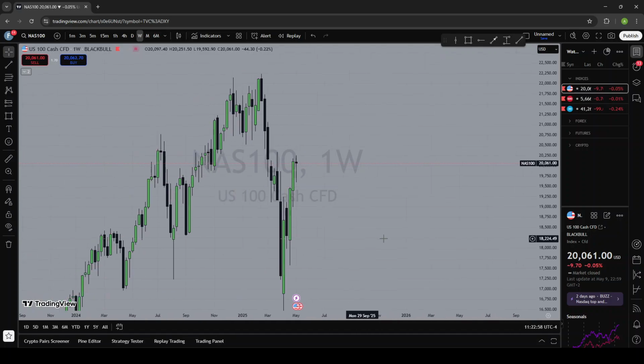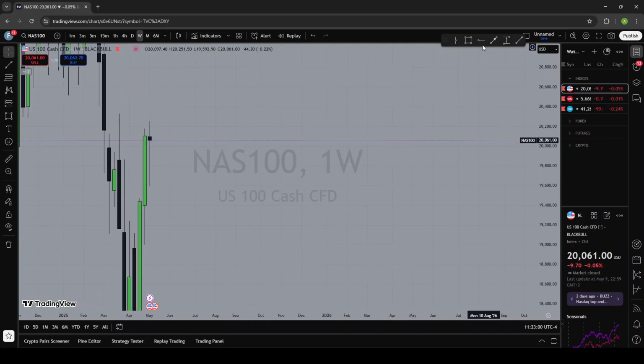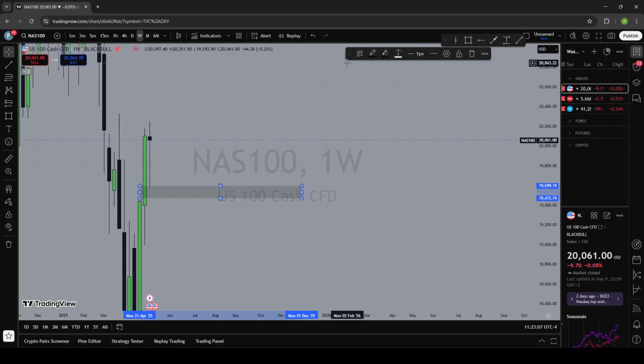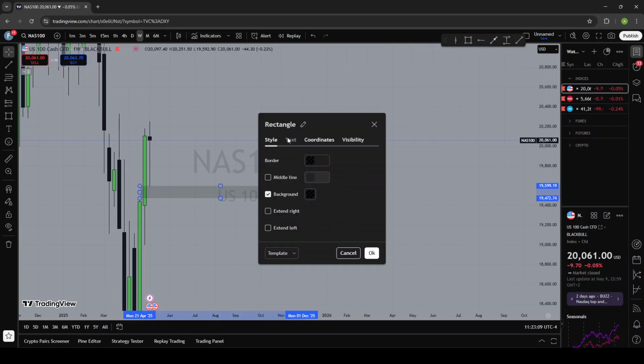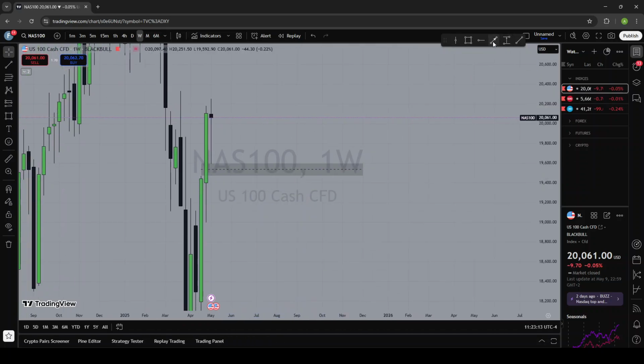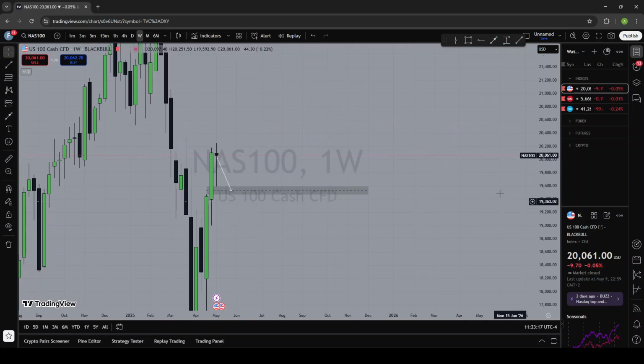But we have something interesting over here. We can see that a weekly imbalance has been formed. Okay. So it is not wrong to assume that price might manipulate down to here before it buys.